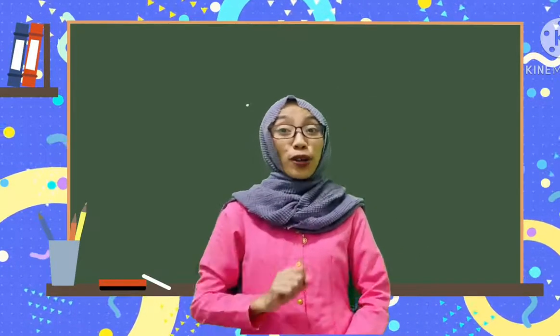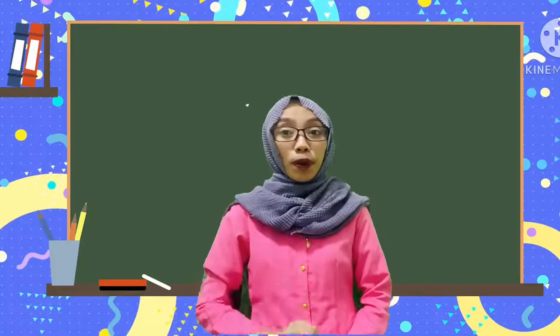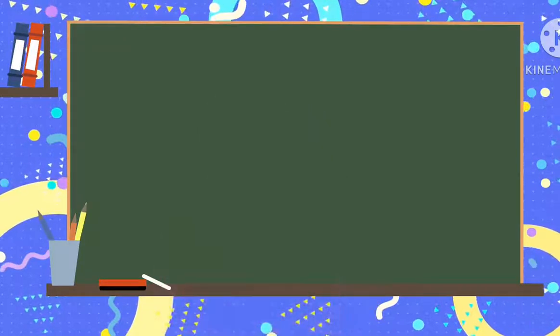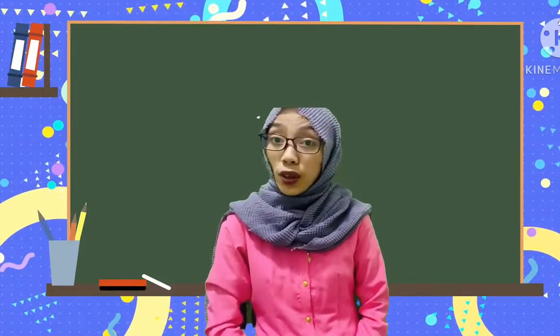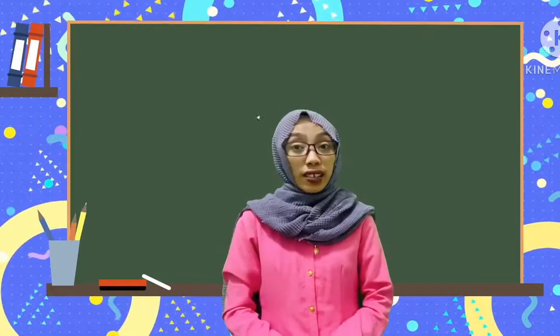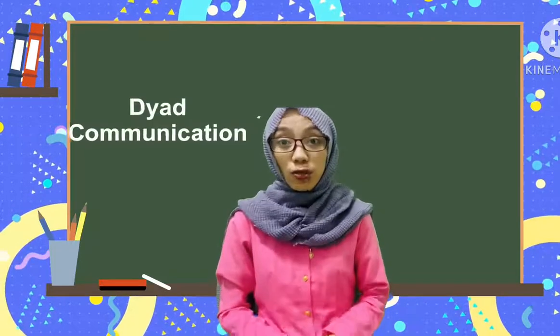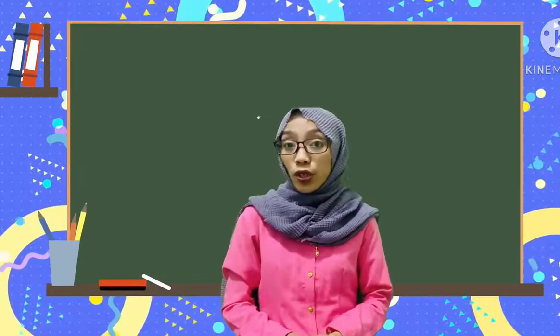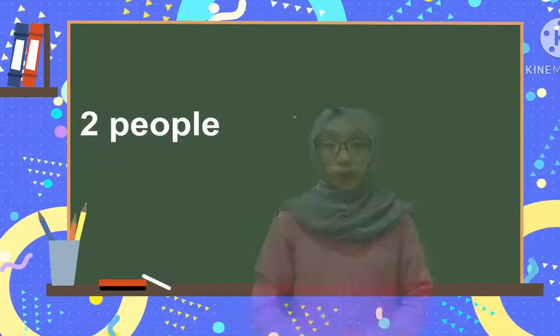Correct, there is. How many persons involved? You are correct. There are two people talking to each other. What do we call that kind of communication? Okay, very good. That is what we call dyad communication, a communication between two people.